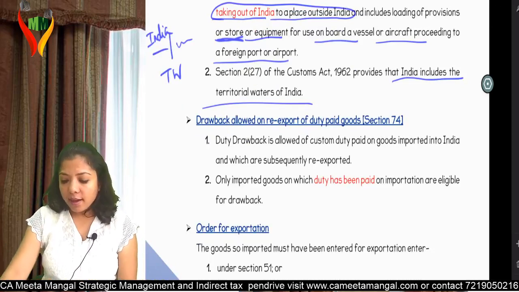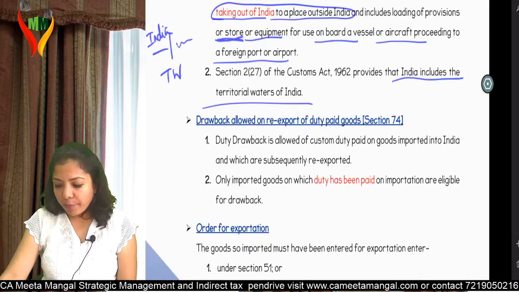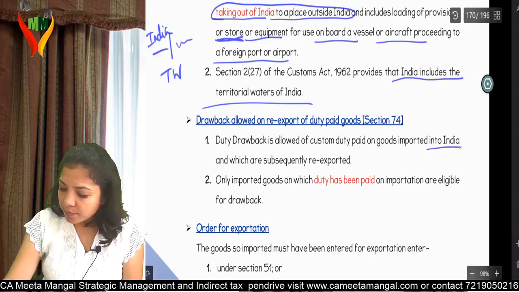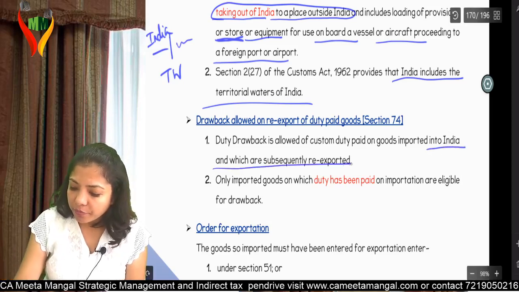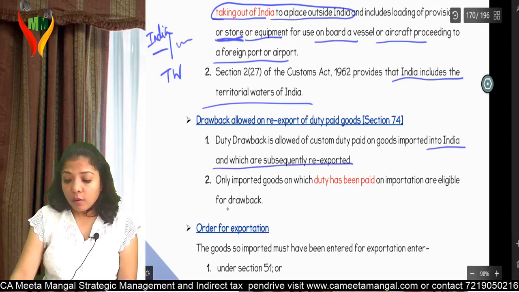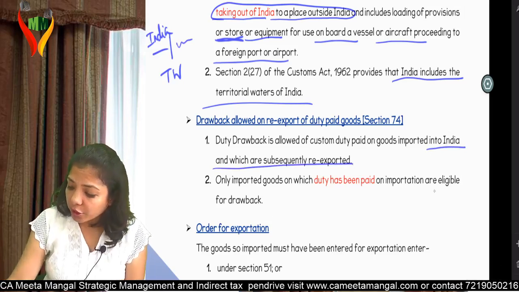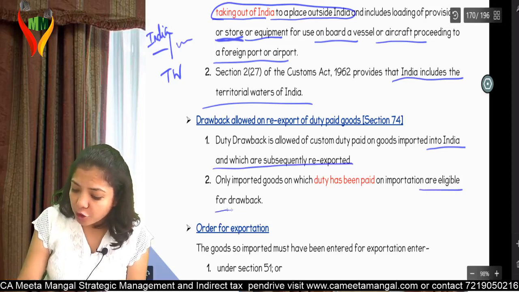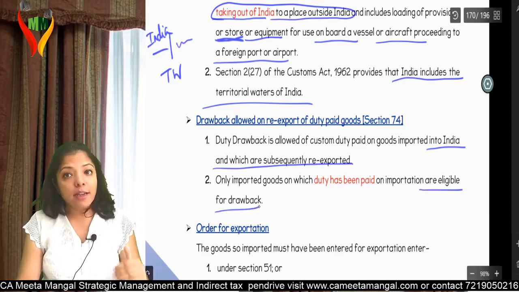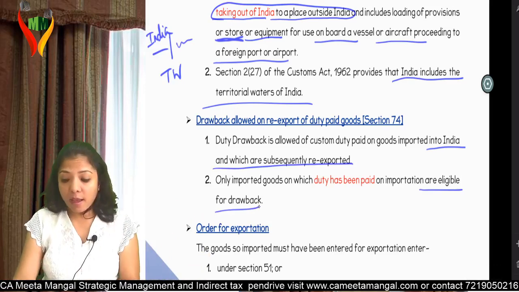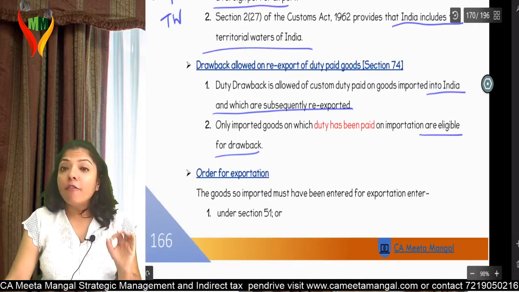Duty drawback is allowed of customs duty paid on goods imported into India and which are subsequently re-exported. Only imported goods on which duty has been paid on importation are eligible for drawback. So if you have imported, you have paid duty, and when you're exporting it, then only you're eligible. Am I clear?